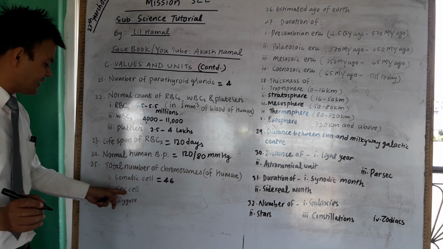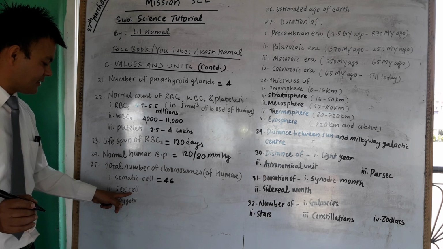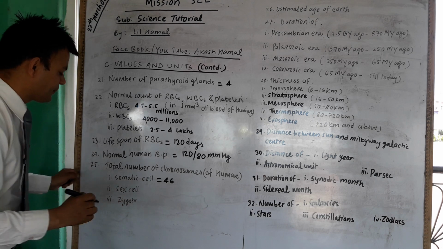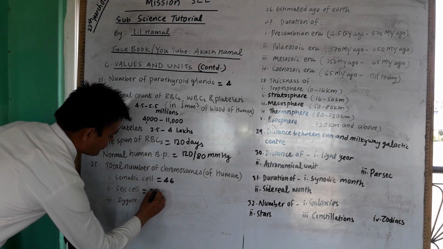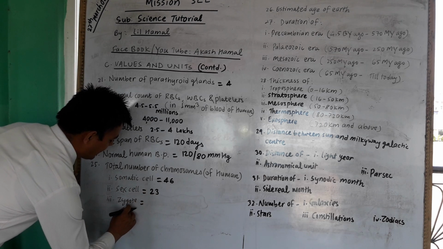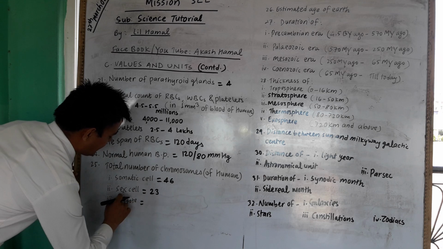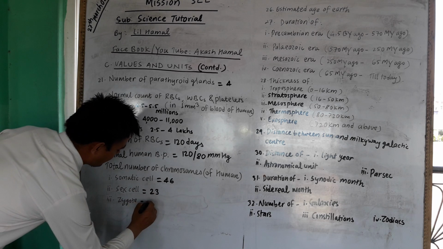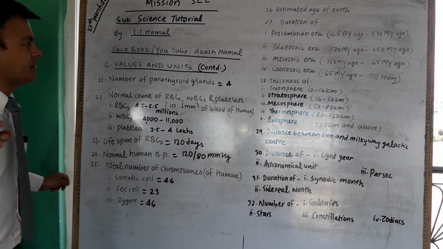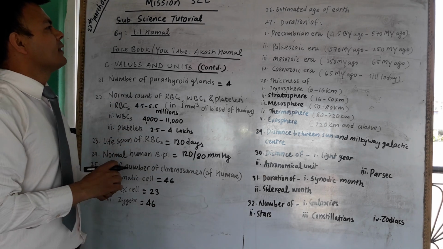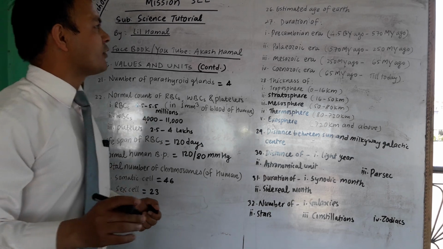In sex cells, the sperm and the ovum, the number is just half, 23. The zygote is diploid, becoming 46 or 23 pairs.